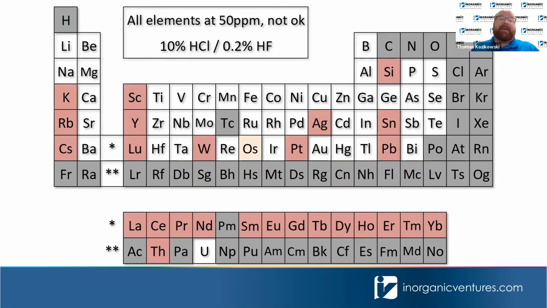So at 50 ppm, we run into some problems. Everything in red is an element that we've identified that would definitely precipitate, based on our stability over the years, things that we've quoted for customers that ended up not working.